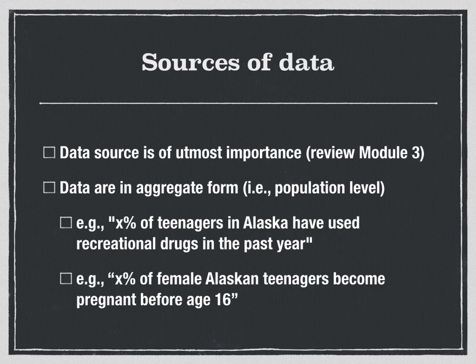For example, X% of female Alaskan teenagers become pregnant before the age of 16. Because these are aggregated data, we don't know that for any individual teenager, using drugs is related to pregnancy. We can only say that in the pool of all teenagers in Alaska, these two variables happen to co-occur.